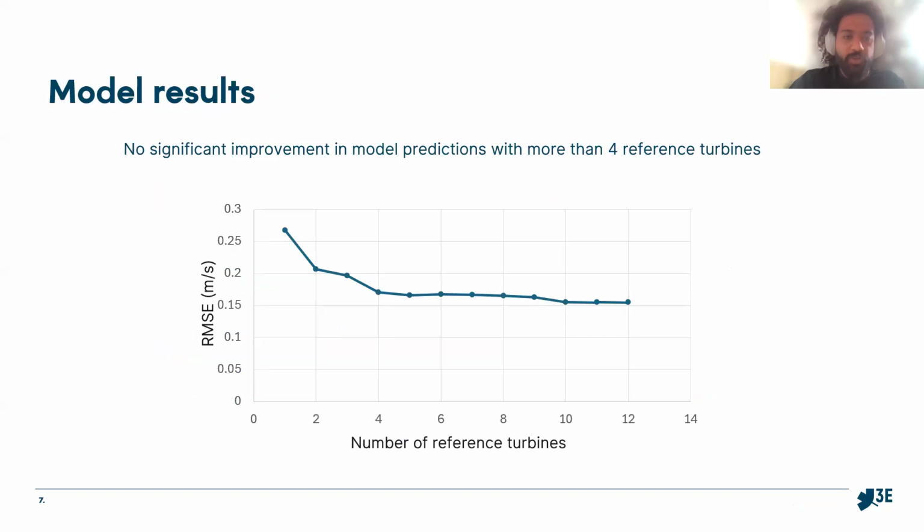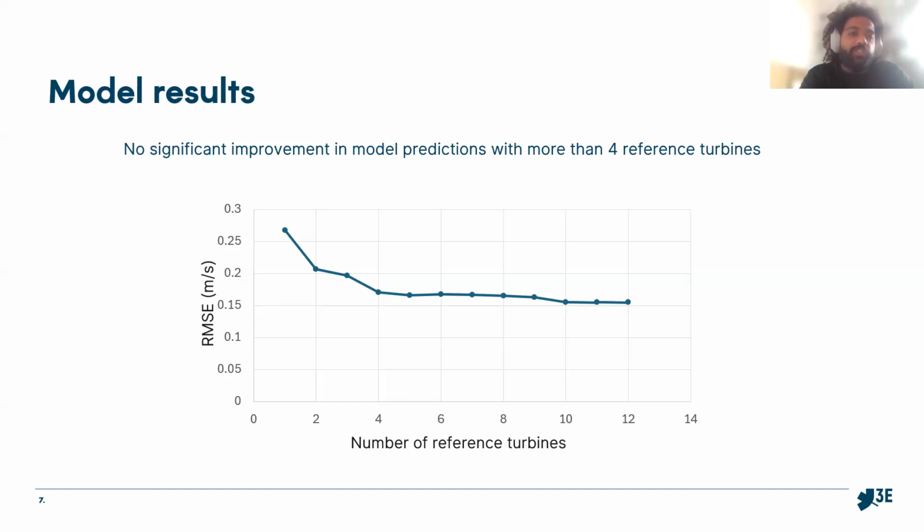Then we do a simple sensitivity analysis, because for example, in some offshore wind farms there might be 50 to 60 turbines, and it would be computationally too expensive to include the data of all of them. If you want to predict the wind speed of one turbine, you would use the remaining 30 to 40 other turbines.